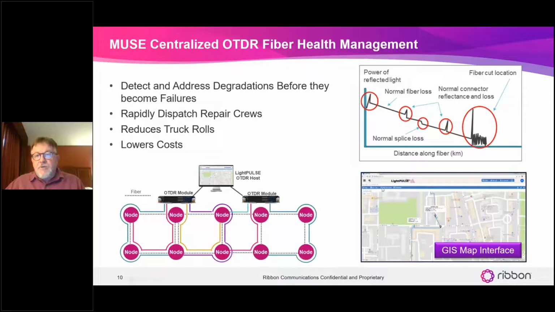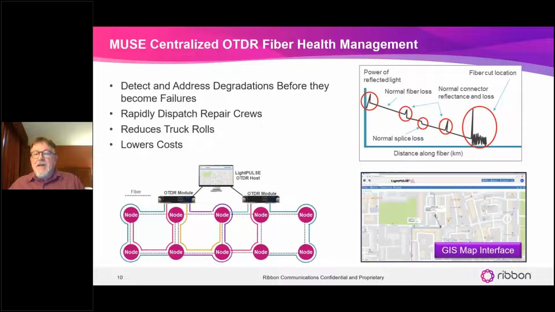We have customers that have their fiber on KMZ files, Google Earth files. They may have them in some other type of geographic information system or GIS. We are able to help you map those to either street maps or topographic maps for those of you in more wilderness areas where you don't really have street addresses and so forth, but pole numbers or lat longs.